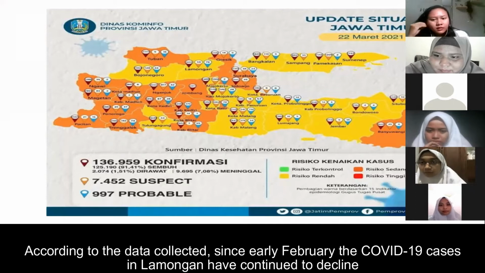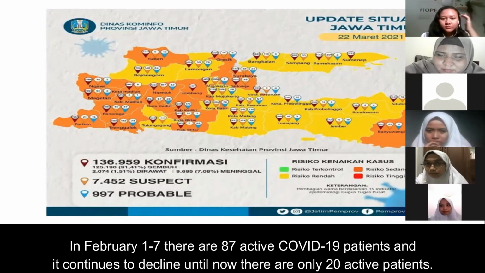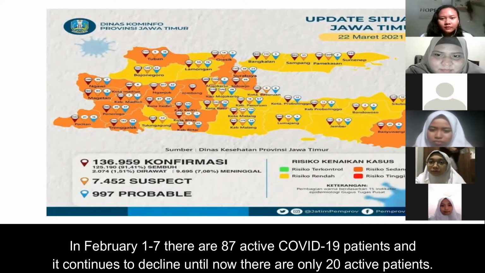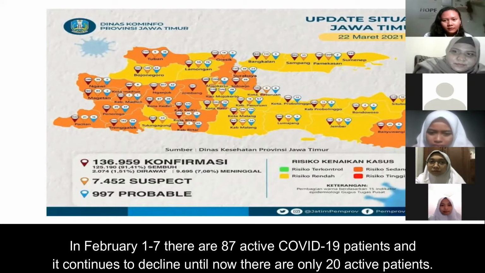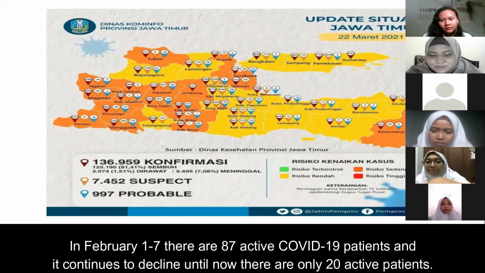According to the data collected, since early February, COVID-19 cases in Lamongan have continued to decline. From February 1 until 7, there were 87 active COVID-19 patients, and it continues to decline. Until now, there are only 20 active patients.